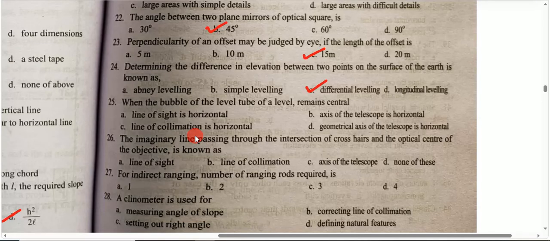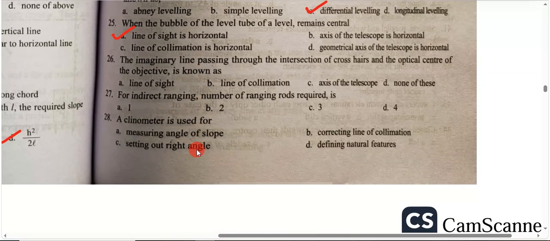When the bubble of the level tube of a level remains central, line of sight is horizontal. The imaginary line passing through the intersection of crosshairs and the optical center of the objective is known as line of collimation. For indirect ranging, number of ranging rods required is 4.